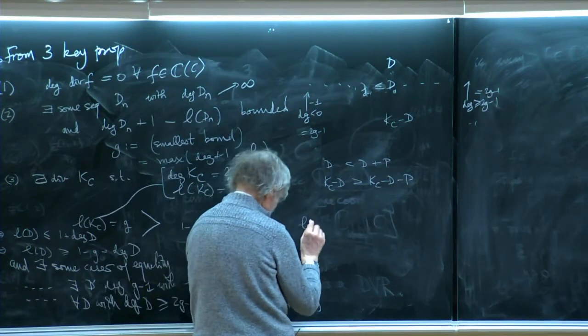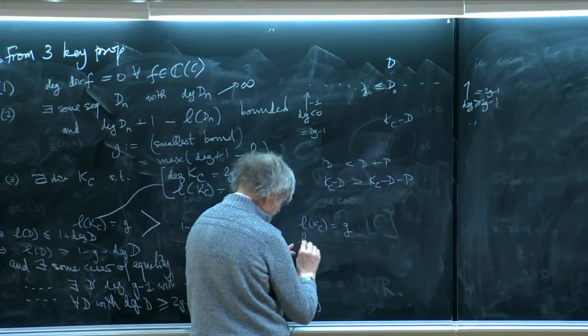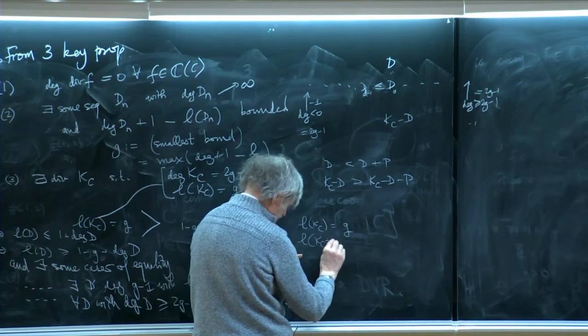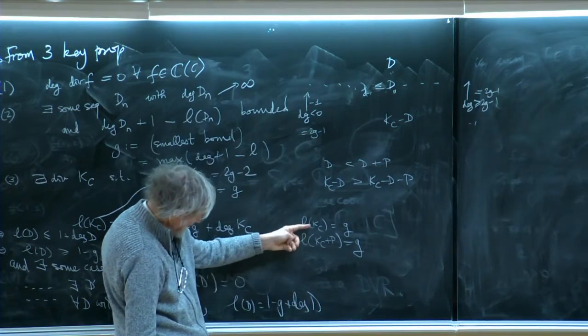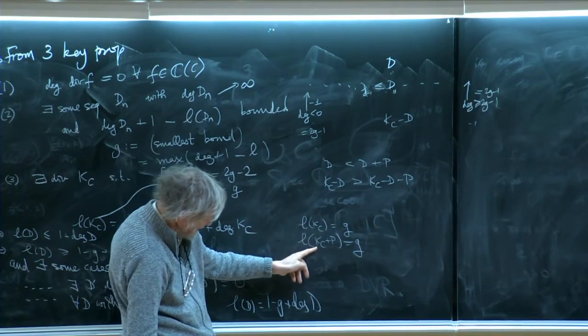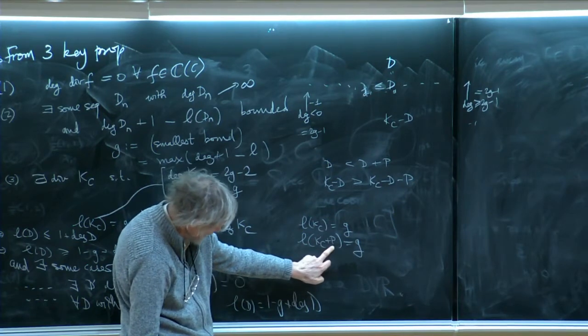So L of Kc is g, and L of Kc plus a point is also equal to g. Right? So when I go up from Kc to Kc plus P, I don't allow a new pole. A new pole can't happen.